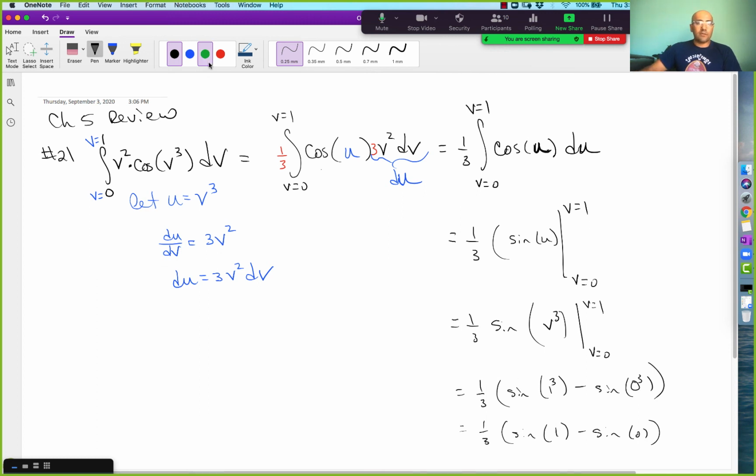So this becomes 0. And so this is our final answer. Equals sine of 1 over 3. Right? Remember, by default, these are radians. So 1 radian. Sine of 1 over 3, not 1 degree. Any questions about that?